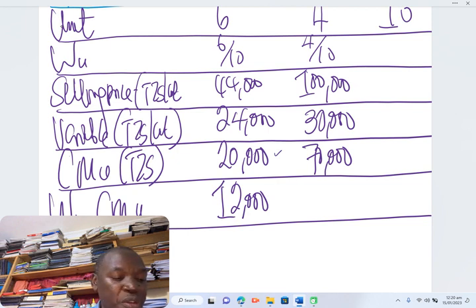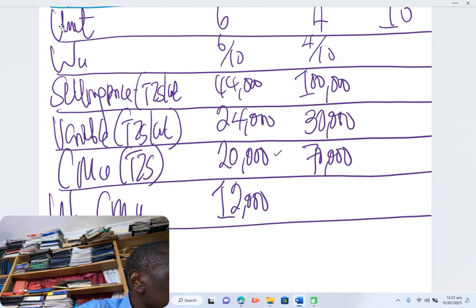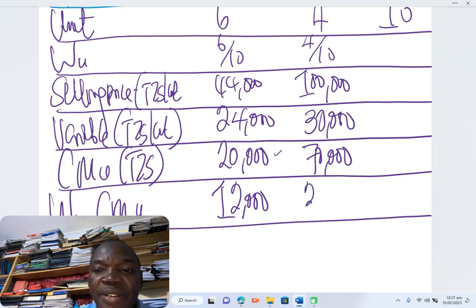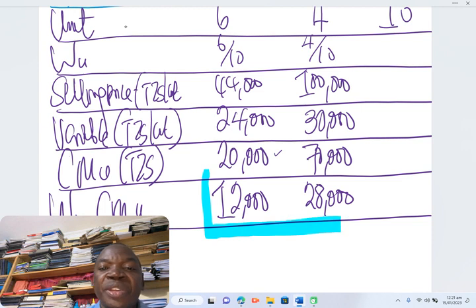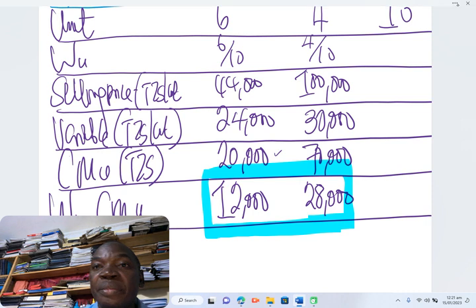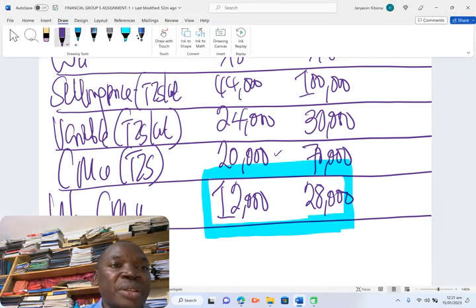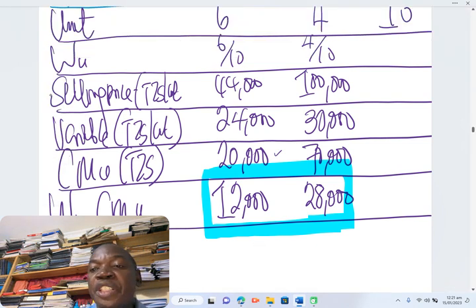Again, 0.4 times 70, yes, 28. So you can add the 2 weighted fractions here. Easy. 12 plus 28, you get 40.